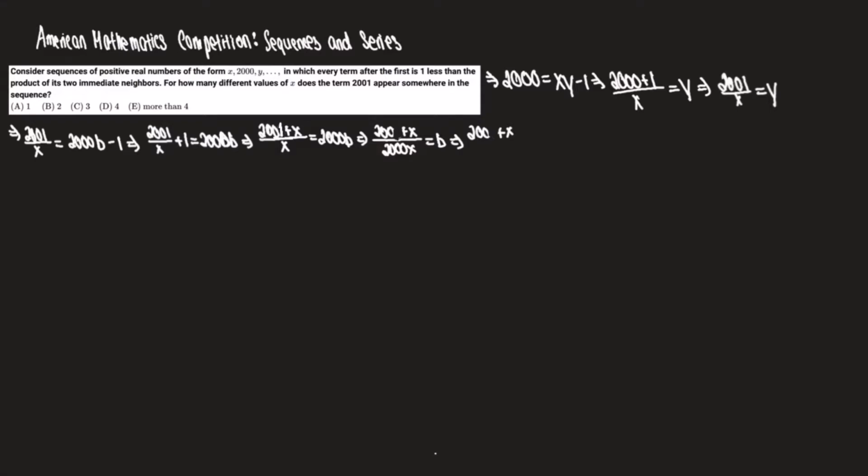Let's see. 2001 plus x. 2001 plus x divided by 2000x. Alright. Now we have to multiply it by the 2 immediately.